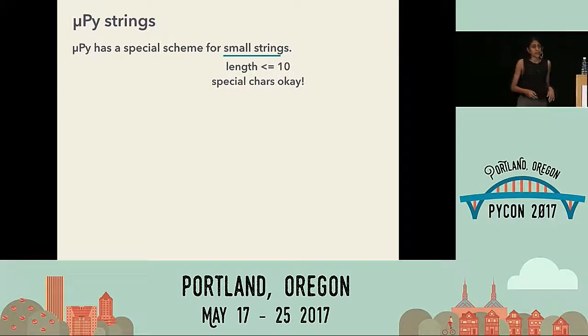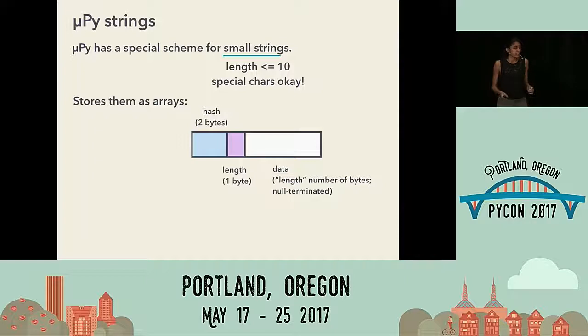Okay, so what about MicroPython strings? What does MicroPython do for strings? MicroPython has another clever scheme for strings. It stores small strings, defined as strings less than 10 characters in length, as an array, okay? And this array has a fixed overhead of 3 bytes.